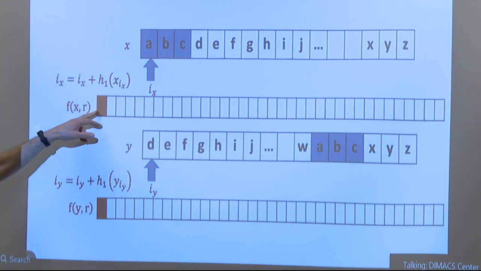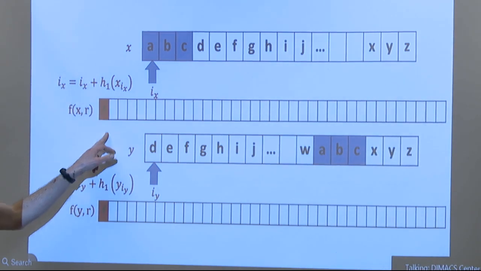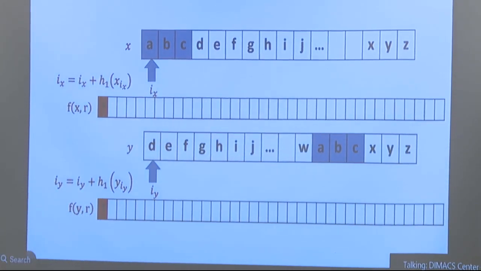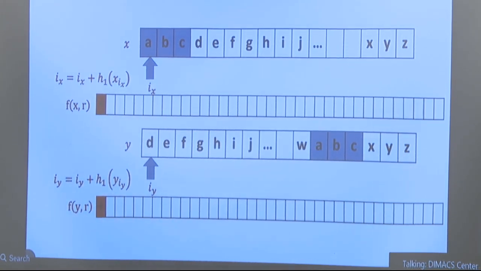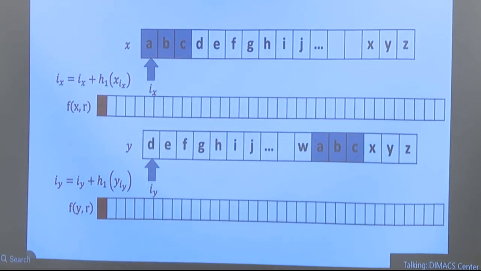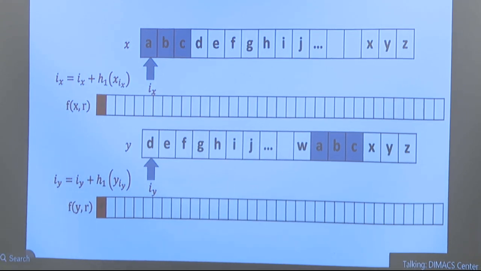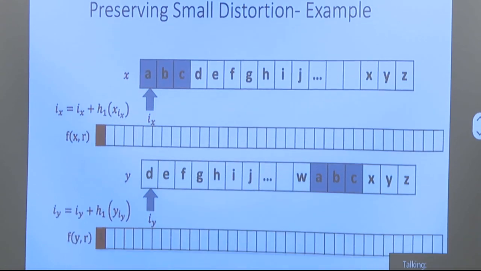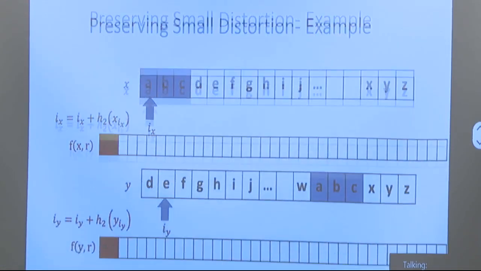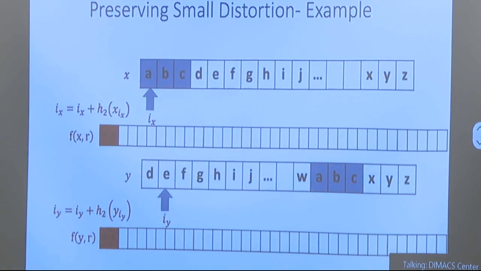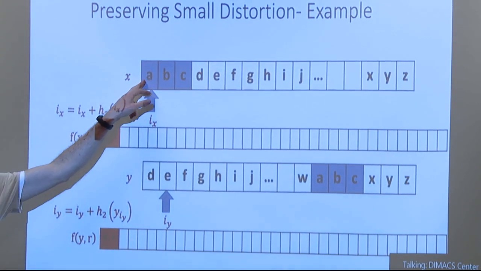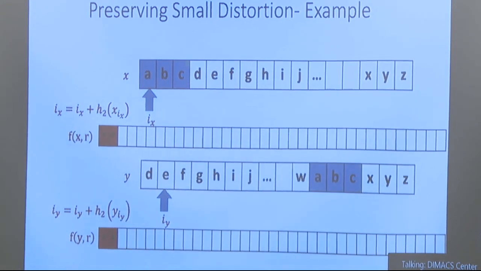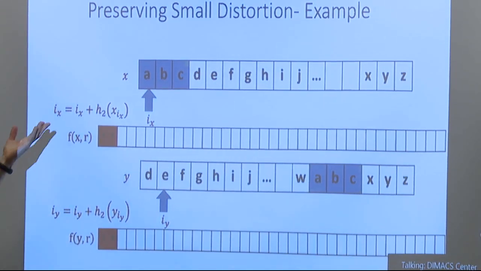When we apply the random function on a, it has nothing to do with the evaluation of the random function on d. So I of x and I of y are incremented independently. Then at the next stage, let's say that we choose not to increment I of x, but to increment I of y. And then, again, we have a mismatch.